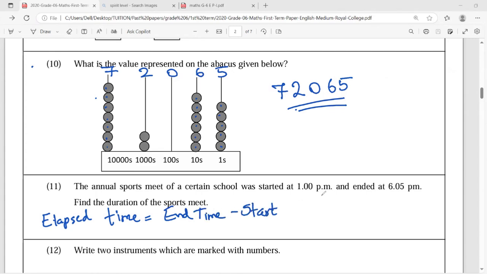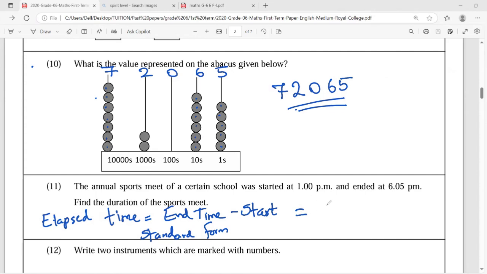If you look at your textbook or your notebook, you will find this. Also I have written, take the end time and the start time in the standard form. I think you may remember this, right?